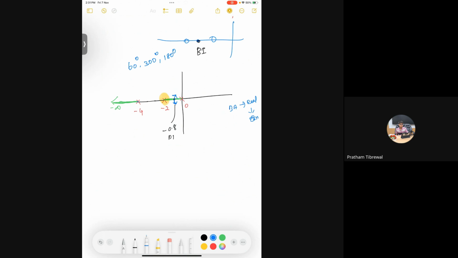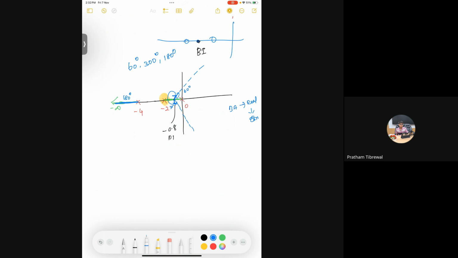So one asymptote will start from this pole and go till infinity at 180 degree. This is one asymptote, the blue line. The rest of the asymptotes are 60 degree and 300 degree. So 60 degree will come something like this and go to infinity at 60 degree. This will go to infinity at 300 degree.